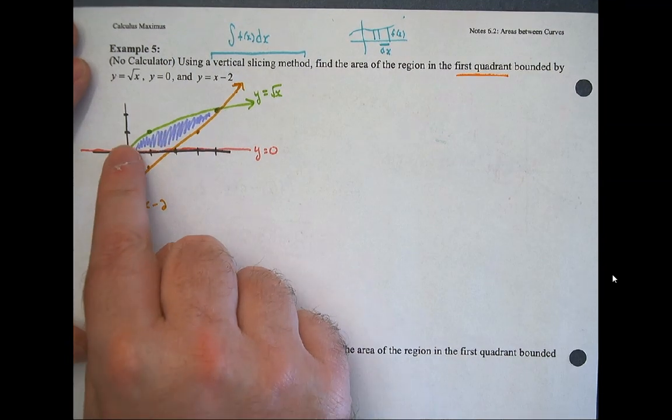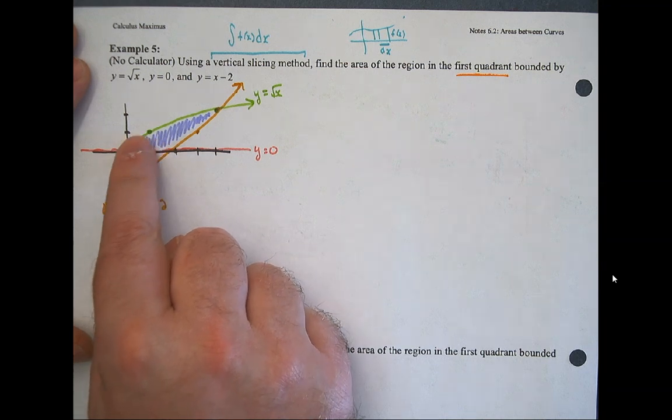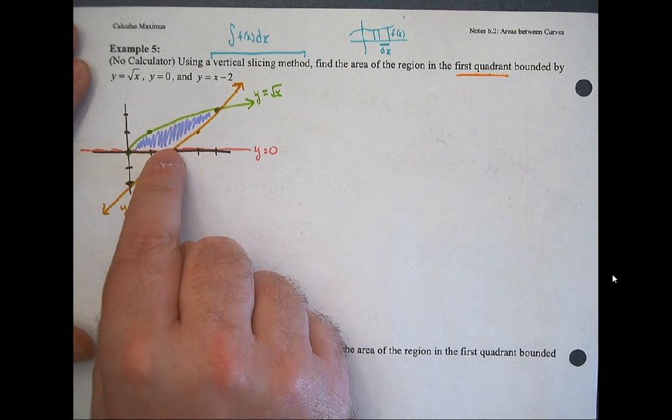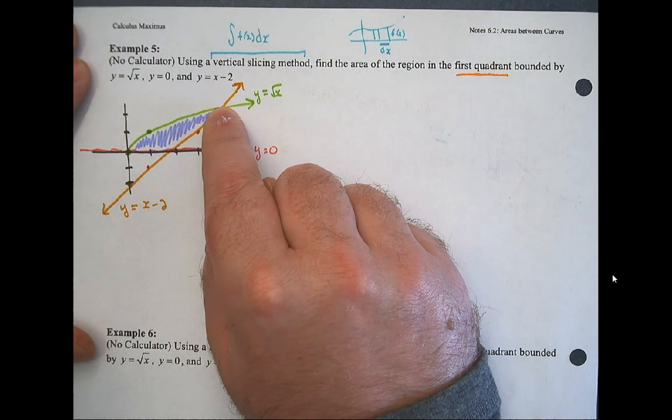So if I look at this region, as I move from left to right, the upper function in this is green. Who's the lower function in this first part? Pink. Then at this spot, it transitions to being the upper function green, lower function yellow.